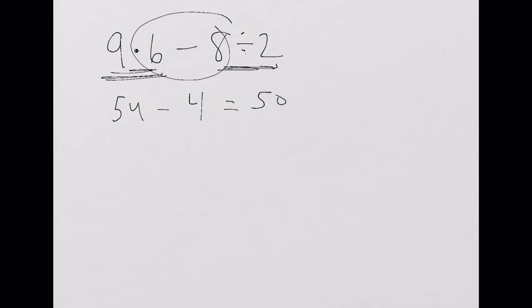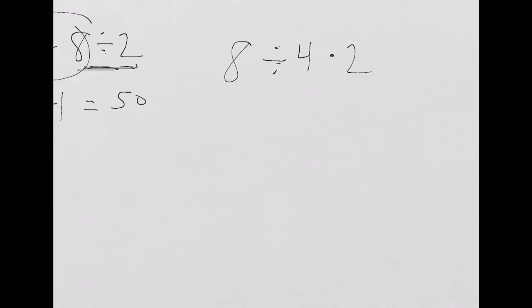Now, if I had a problem that looked like this, so this is the side problem. So 8 divided by 4, and then times 2. So on something like this, that's why the rule in the book says multiplication, division.